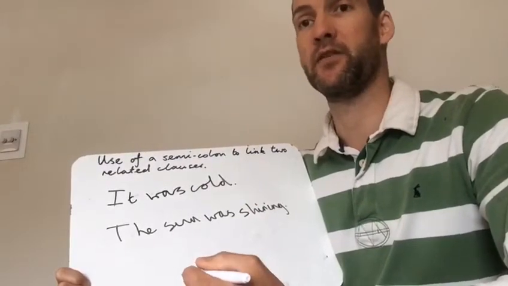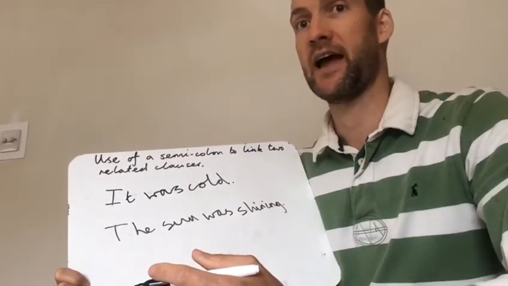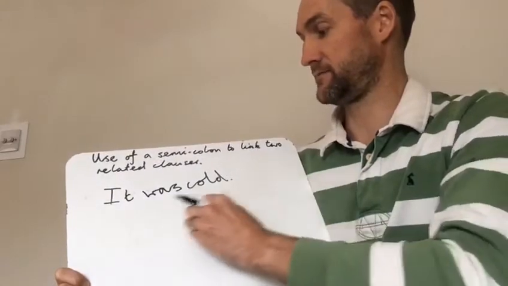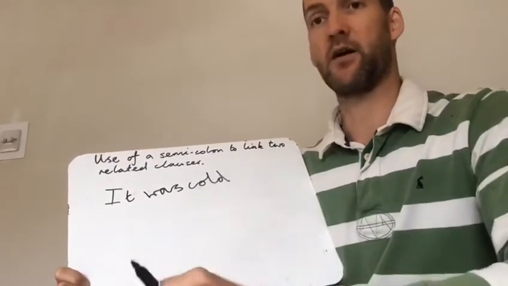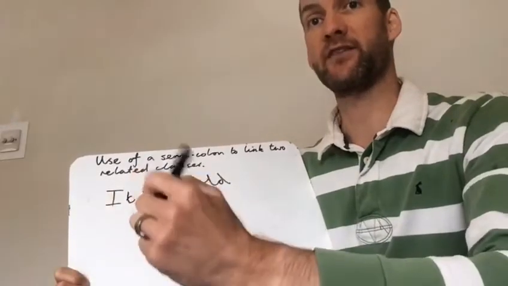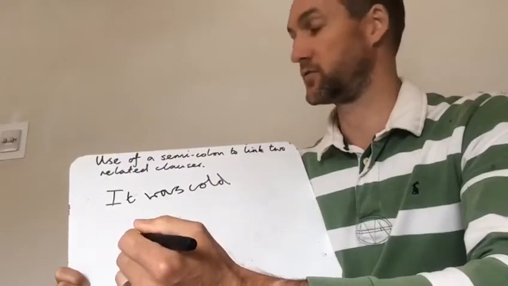Now, one of the ways we could do this is with using a semicolon. So let's have a look to see how this works. I'm just going to forget the second clause and start with our first clause. It was cold. Now I want to add that extra bit of information on our second clause to our first clause.